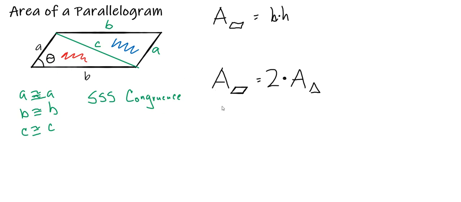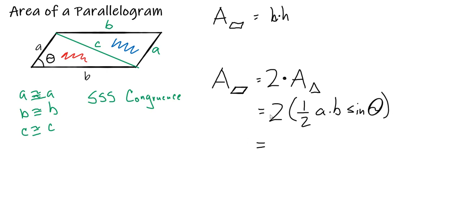So by the formula that we learned, this is going to be 2 times 1/2 length of A, length of B, sine of theta. And thus, if we cancel out that 2 and that 1/2, the area of a parallelogram works out to be A times B times sine of theta.